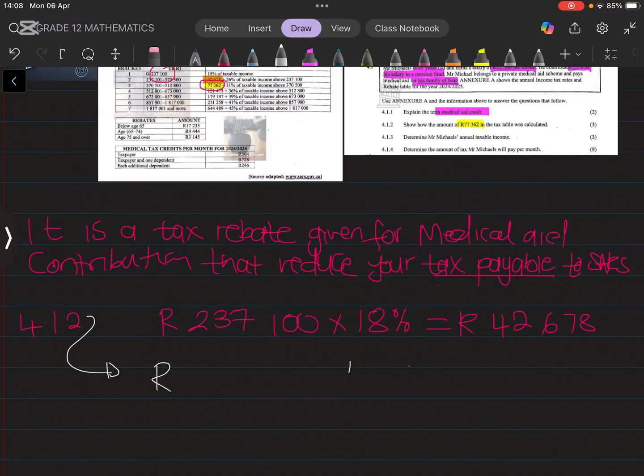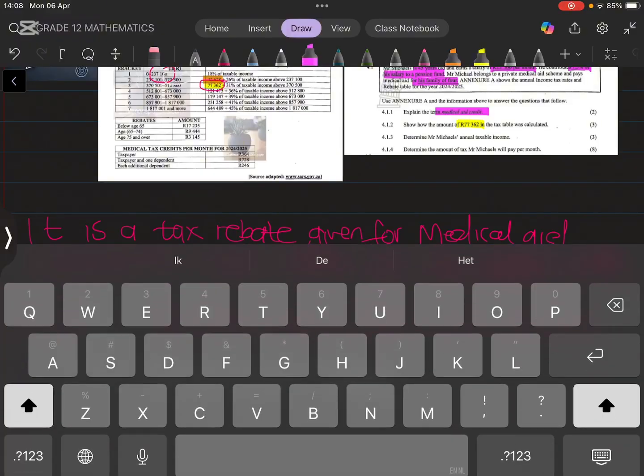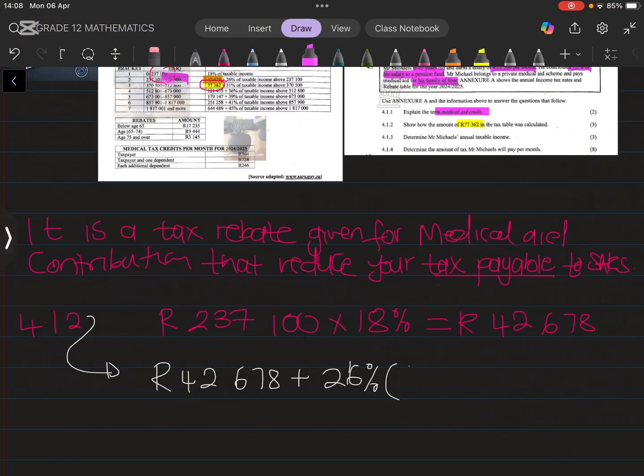So now to answer that question, you say 42,678 plus 26%, and then you go back to your bracket. 26% of what? Remember, we took 237,100. Now let me highlight it for you.